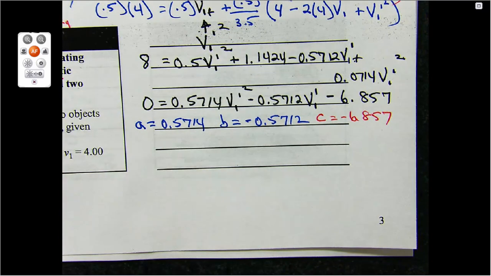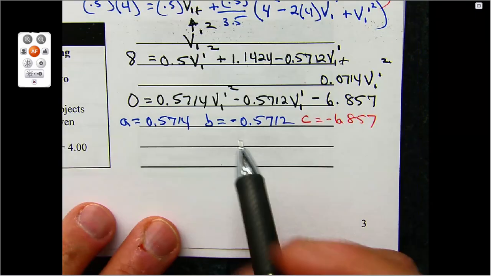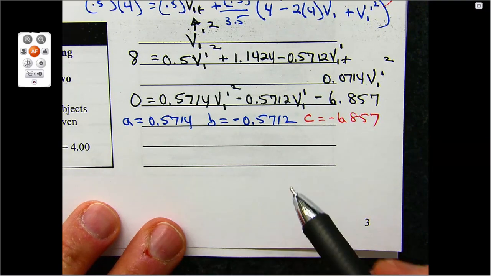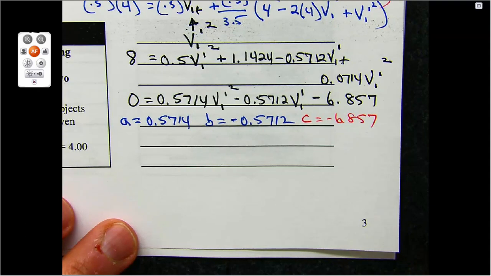You should get 4 and negative 3. My program shut down. I don't have my other calculator. Don't we get 4 and negative 3? All right, good. We got it.